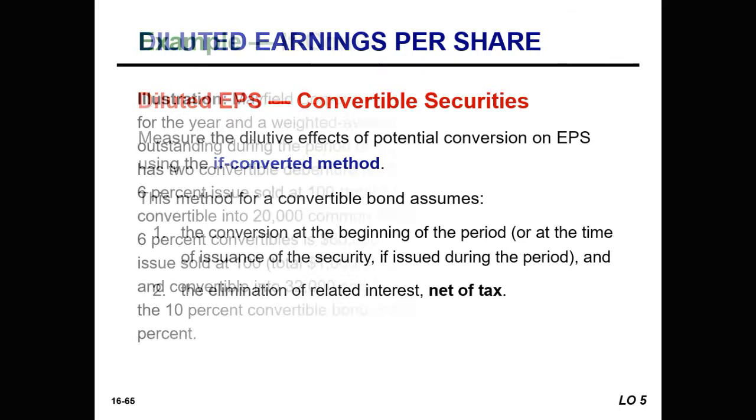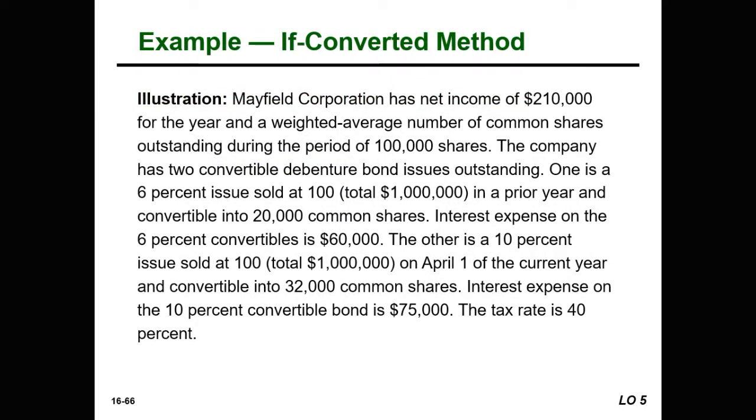Let's take a look at Mayfield Corporation, which has net income of $210,000 for the year and a weighted average number of common shares outstanding during the period of 100,000 shares. The company has two convertible debenture bond issues outstanding. One is a 6% issue sold at 100, so a total of $1 million, in a prior year, and is convertible into 20,000 common shares.